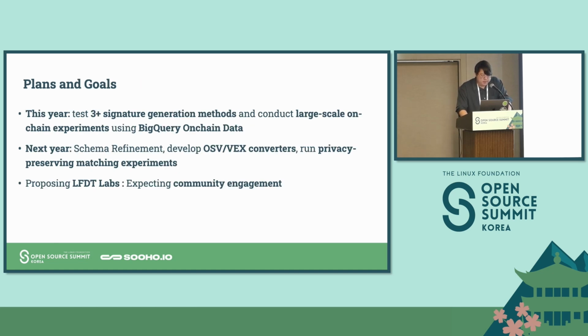Yeah, and there are some plans. Most of this is conceptual, and we are planning to open all the code, repositories, and findings soon, and we're going to share plans and goals anyway. This year we will test the three signature approaches that we mentioned already, plus more signature generation methods, and run large-scale on-chain experiments using public datasets like Google BigQuery.